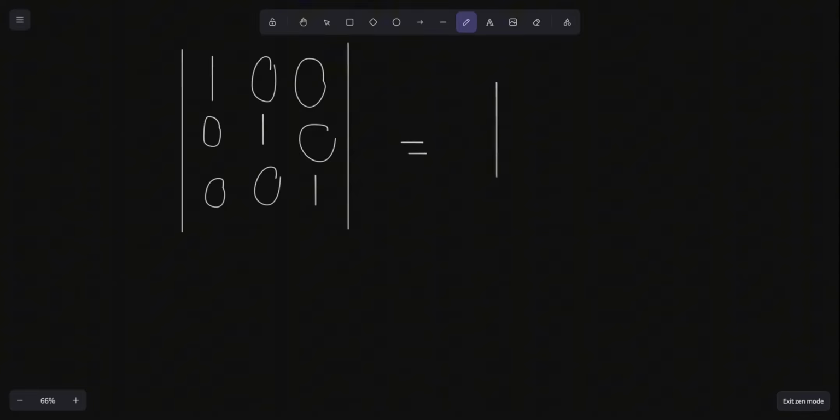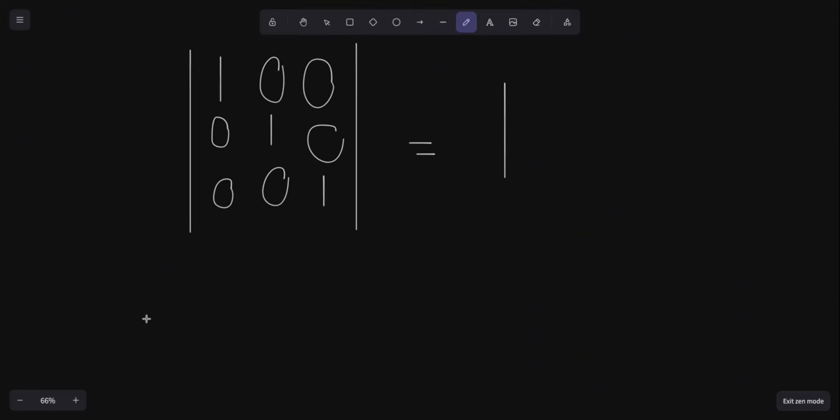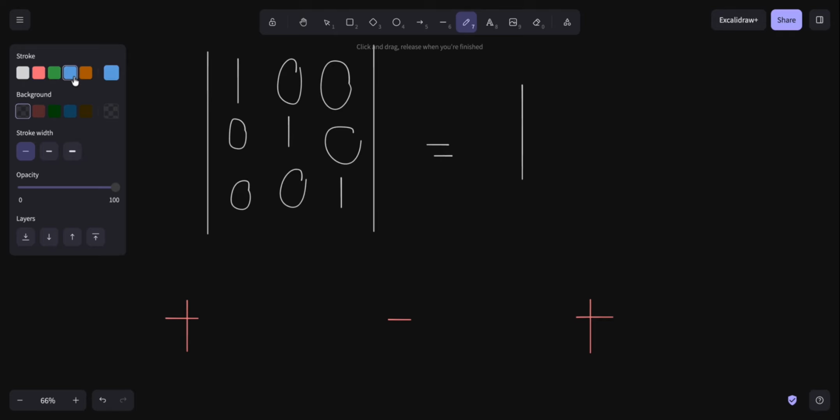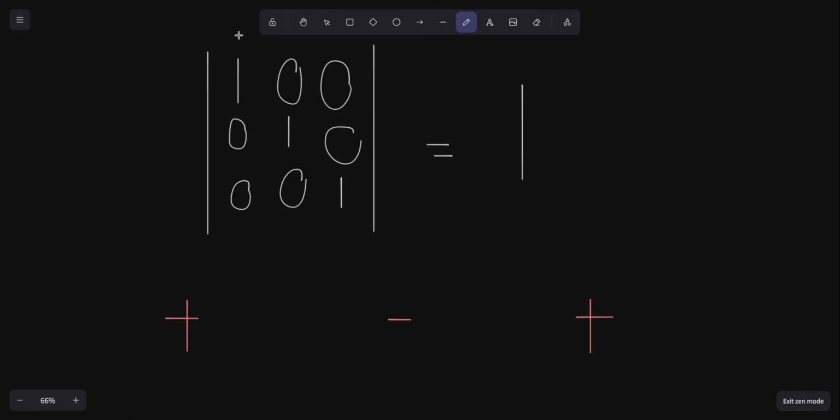First thing I want y'all to do, if you're in a rush for an exam, is to put a plus minus plus here, okay? The first thing I'm going to do is take a look at this 1. And notice how it's in the first row and first column. So I'm going to place this 1 right over here.